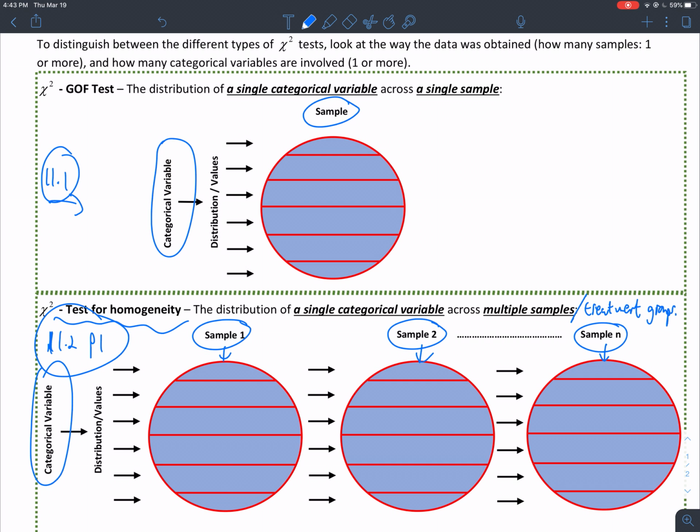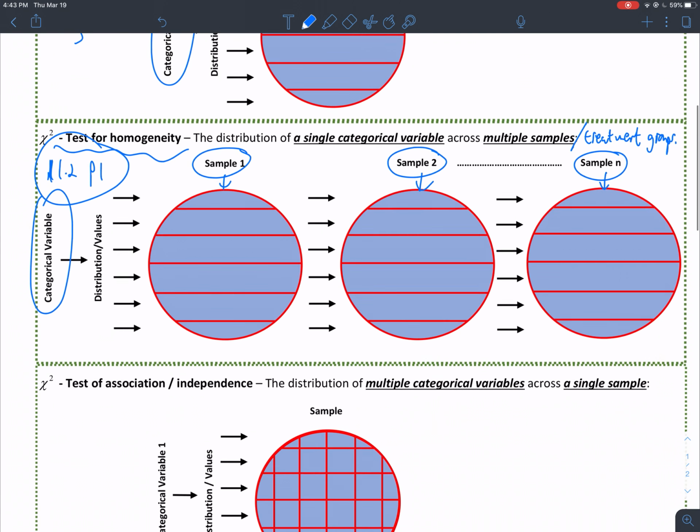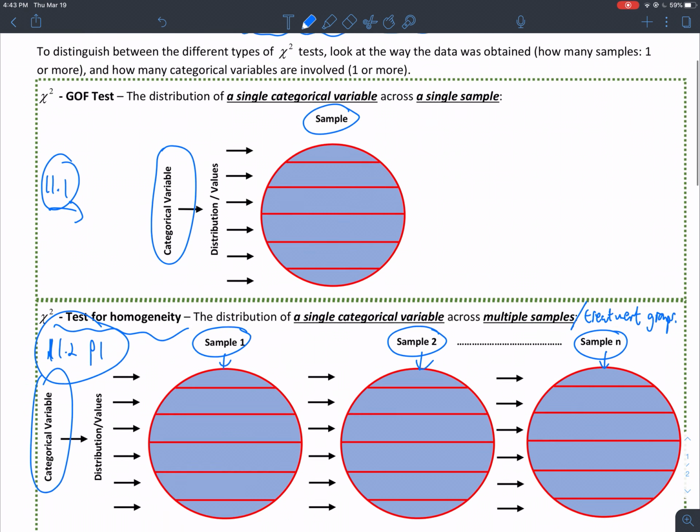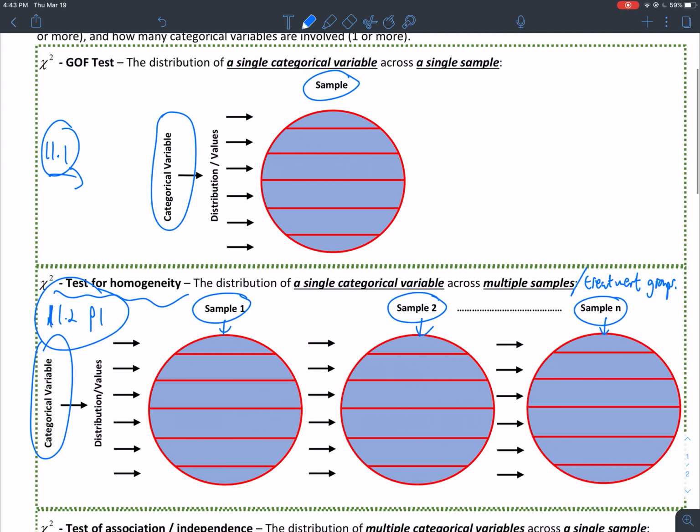So hopefully this is useful for you to distinguish the two. If there's multiple samples, it's definitely a test for homogeneity. You'll see next time we talk about the test for association, there's also only one sample. So if you can clearly tell that the prompt you're given for the chi-square test involves multiple samples or multiple treatment groups, then you're doing a test for homogeneity.